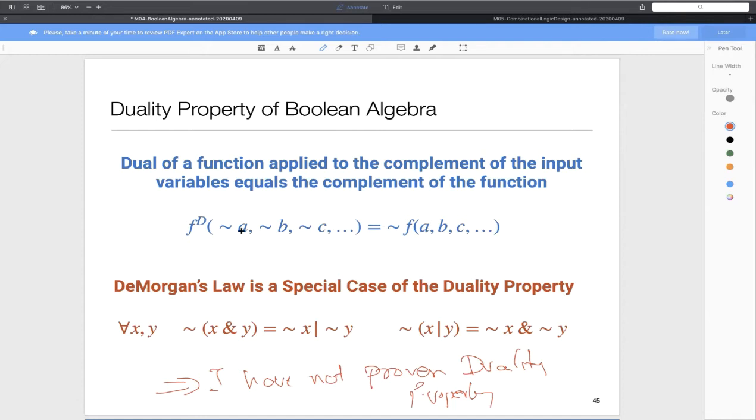If you apply the dual of the function, so let's say you apply f_d to a, b, c, then it is going to be not of f applied to not a, not b, not c. All I'm doing is relabeling a, b, c to be not something. So that's what it will look like. Thank you. Okay, great.